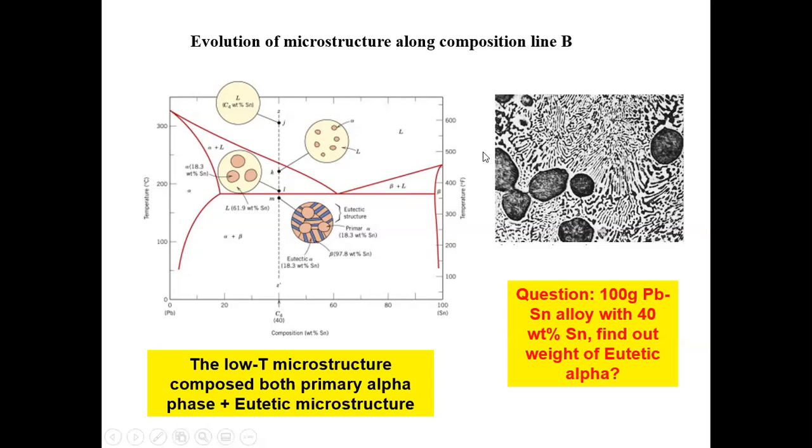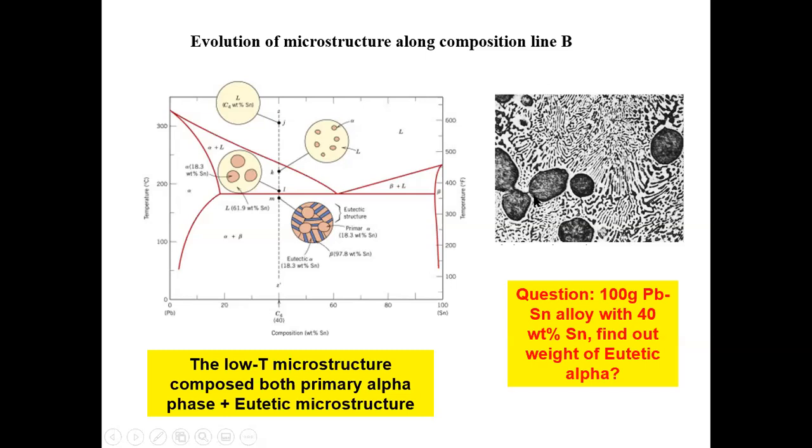This is a real picture of this structure, and you can see that these large guys are globular alpha, or sometimes we call this primary alpha because they form during the initial nucleation and growth processes. The existence of this alpha clearly affects the eutectic structure. They change the orientations of these lamellae, especially near the surface of these globular alpha.